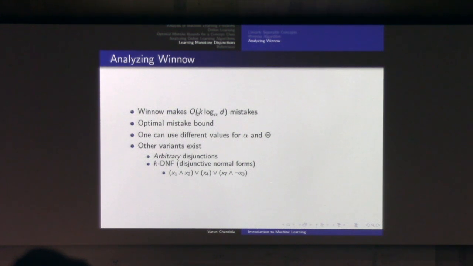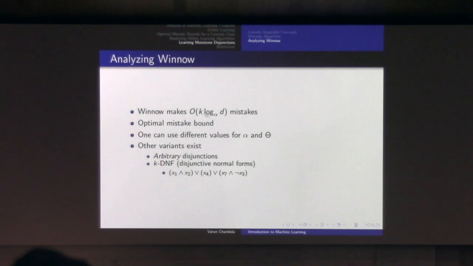Remember, this was our first argument. We were trying to come up with these bounds for different concept classes, saying how many mistakes would I make in the worst case. So Winnow lets you do that for disjunctive concepts.